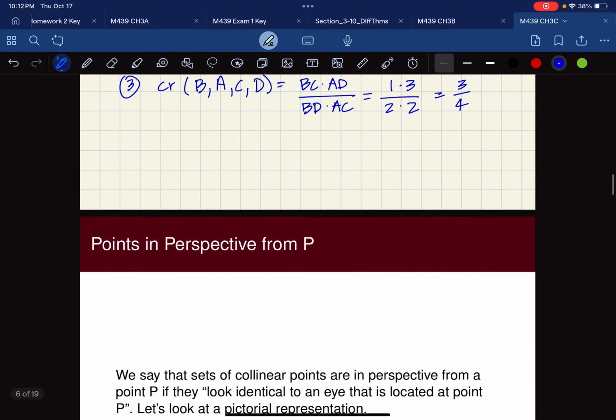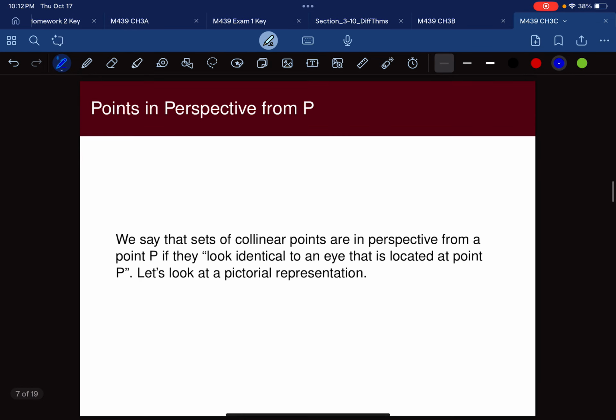Okay, so here's this kind of fancy number we call a cross ratio, and what you'll learn in the chapter, and I would encourage you to read it, he does a really nice job introducing why cross ratios might be important. It's a really nice lead up to this part in the chapter. But it turns out that the real neat theorem about cross ratios has to do with projective geometry, and we don't really study projective geometry in this course, but if we did, this would be a foundational theorem.